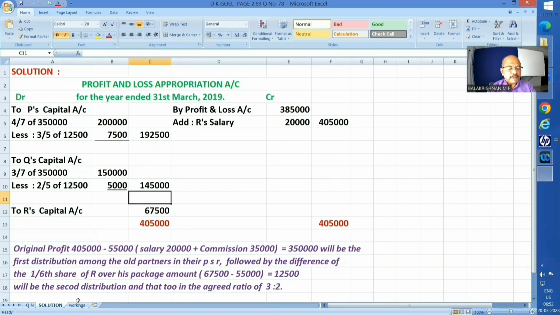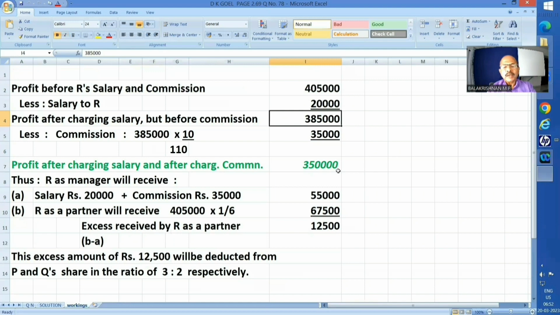Thereafter, we made a first distribution in their profit sharing ratio. What amount? 3,50,000. How did we get it? Original profit minus these two expenditures. These two expenditures are now a part of the sharing amount of the new partner.